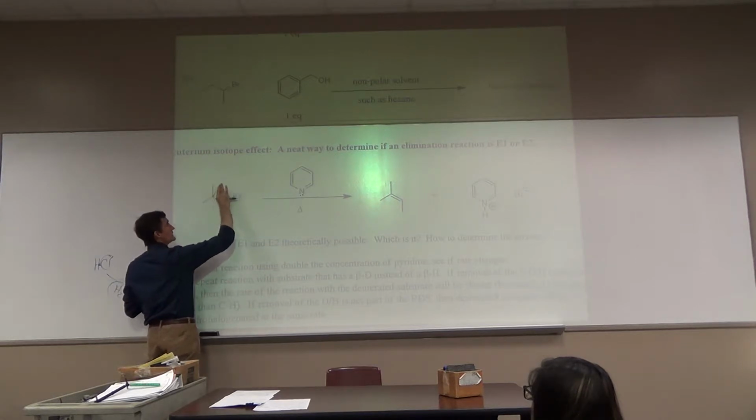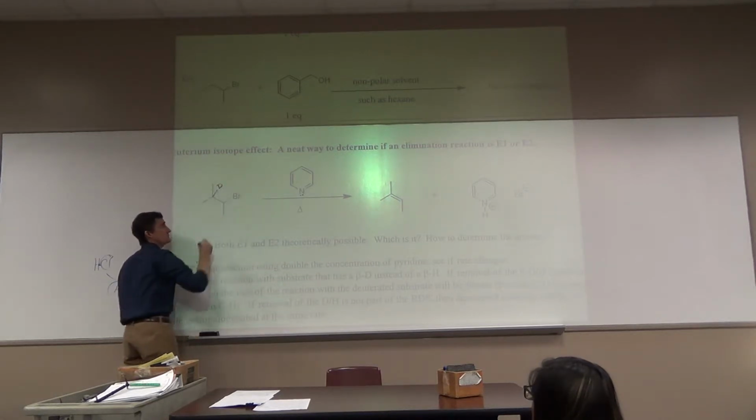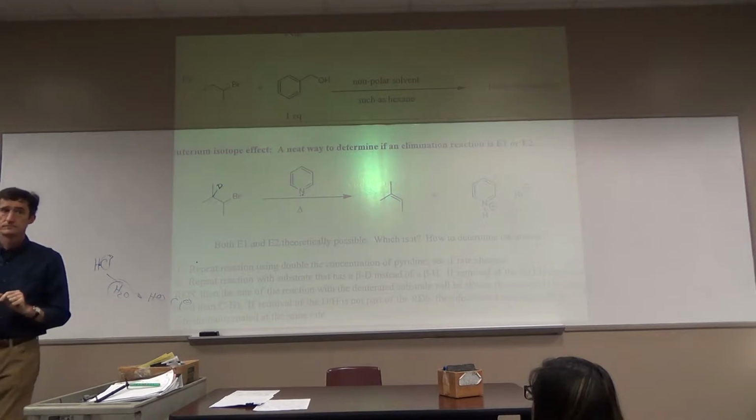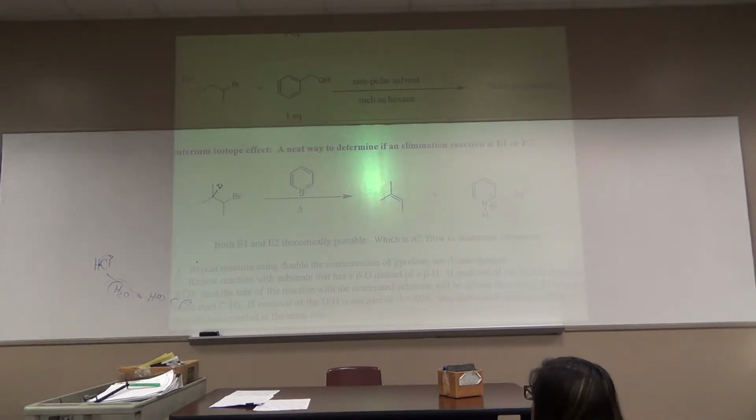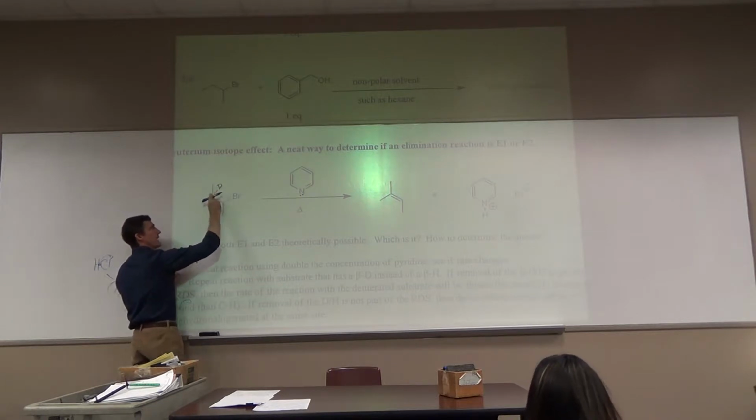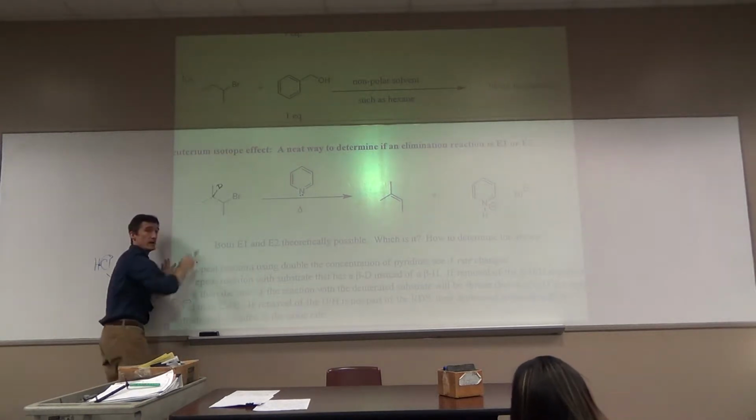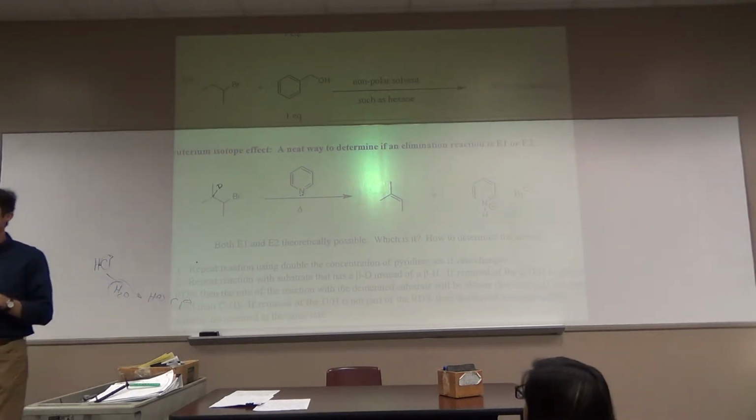What you can do here is change this to a deuterium. That would require going to the lab, doing some experimental chemistry. Now do the reaction and look at the rate. Now, we need to know this. A C-D bond is stronger than a C-H bond.